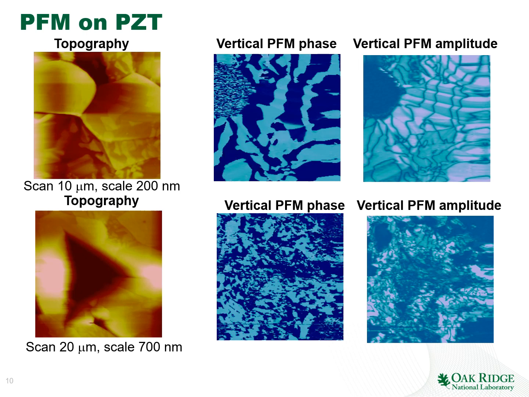Now, if we look at the PFM signal, PFM phase and PFM amplitude, you can see that, for example, this grain doesn't have any piezoelectric response. The phase here is essentially noise, and the amplitude here is almost zero. In comparison, this grain has very nicely visible positive and negative domains corresponding to polarization pointing up and down, and a beautiful picture of the amplitude.